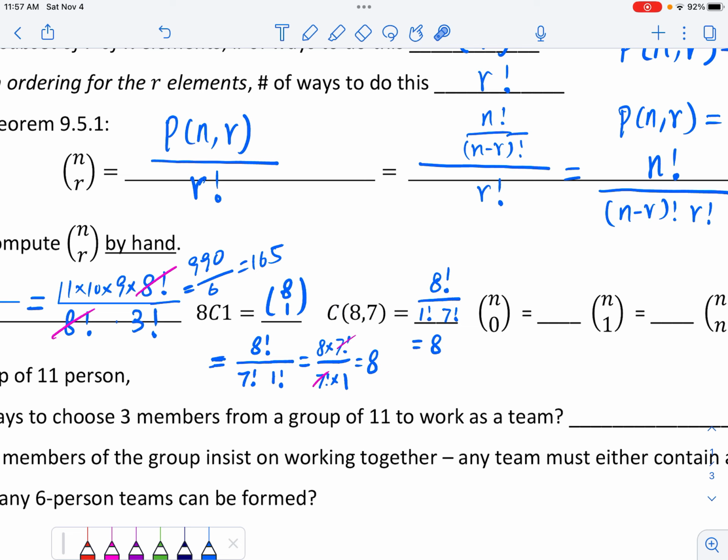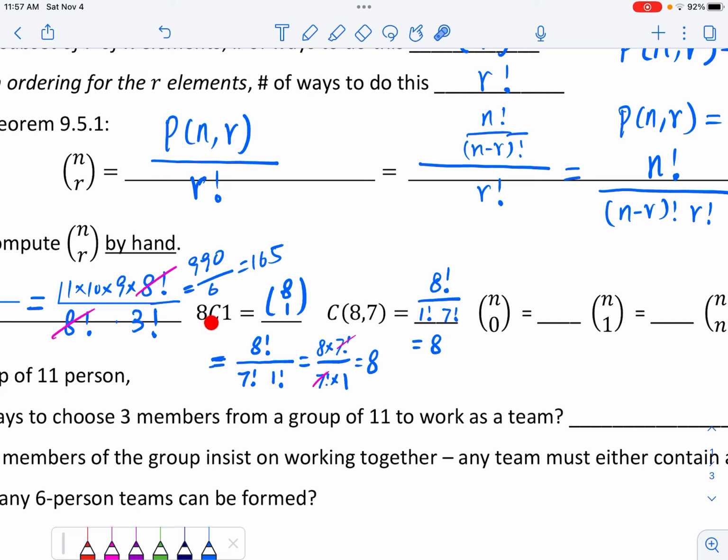This makes sense because just think about when you choose one person out of 8 people, there are 8 different ways to do that. And when you say 8 choose 7, let's put it this way.